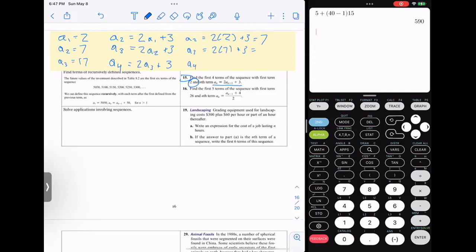A4 is equal to 2 times 17 plus 3, which is equal to 34 plus 3, which is 37. So A4 is 37. So that would be our first 4 terms. So we're just plugging in which A we want to find because it gives us the formula.